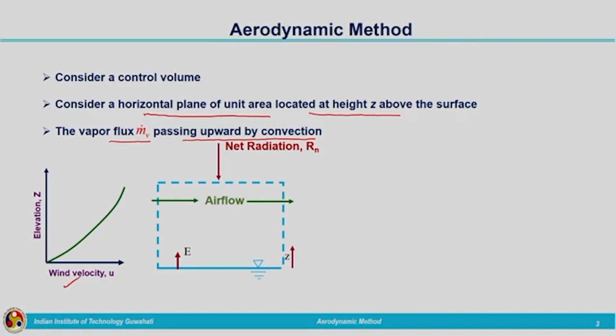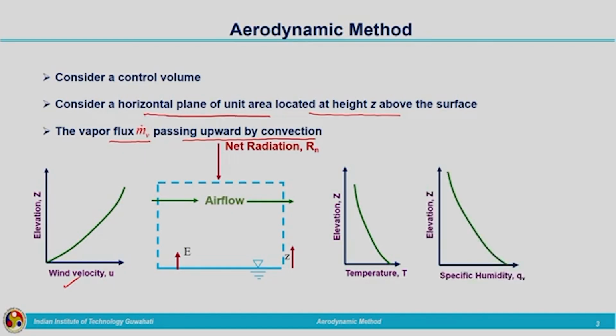As the value of z is increasing, wind velocity is also increasing. Then coming to the temperature, as the elevation is increasing, we know the temperature is decreasing, right, that we have already seen.